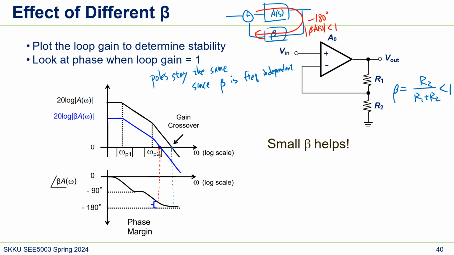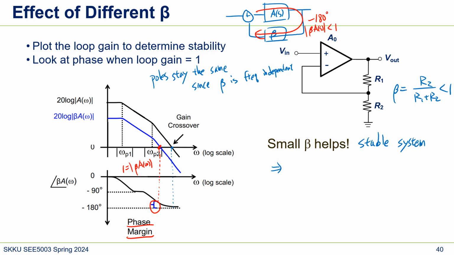This part is when beta A omega is 1. So this is the phase margin. So it shows that small beta helps a stable system.